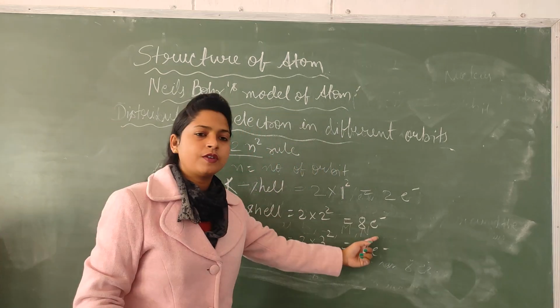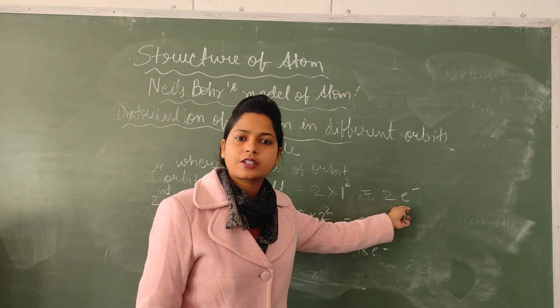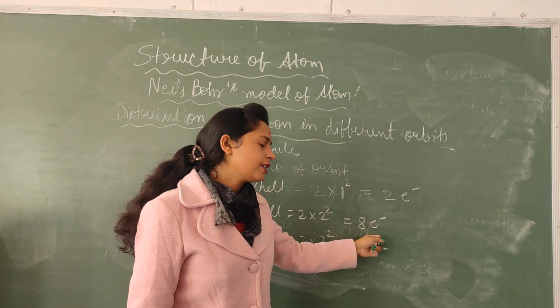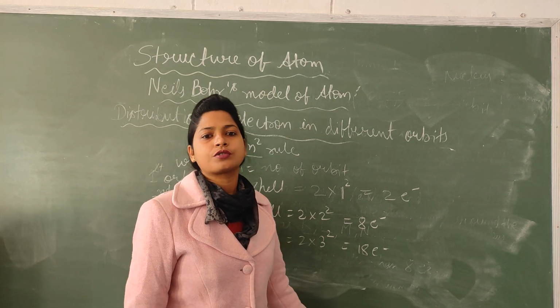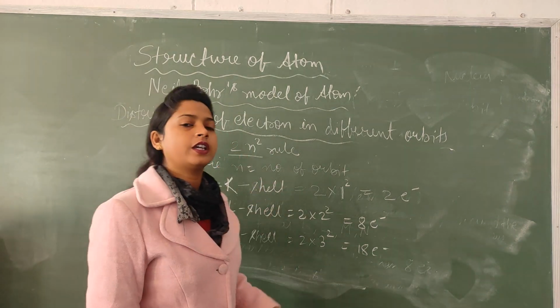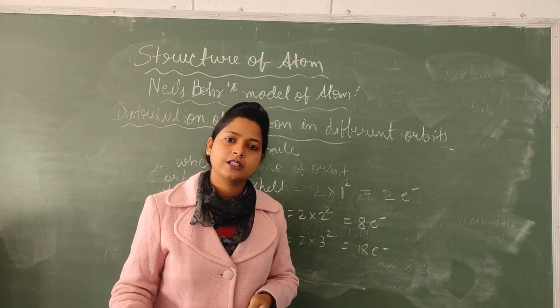So likewise we fill the electrons. In the first orbit, a maximum of 2 electrons can be accommodated, in the second 8 electrons, in the third 18, and so on. So by this rule, we can find out how many electrons can be filled in each and every orbit.